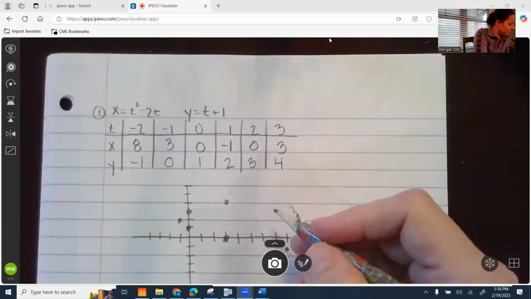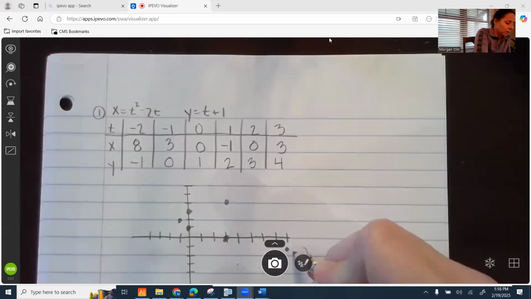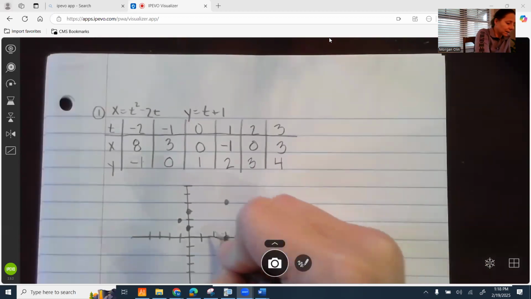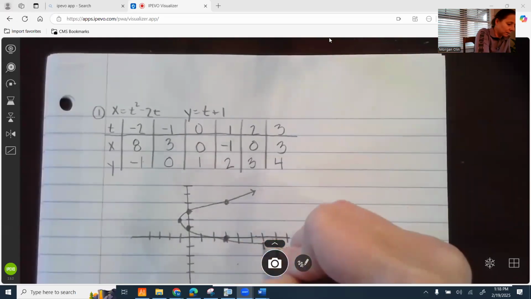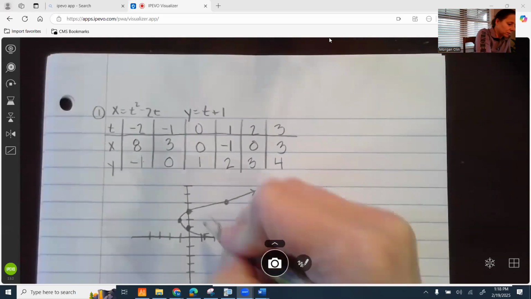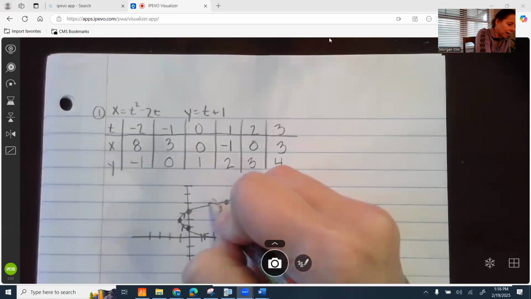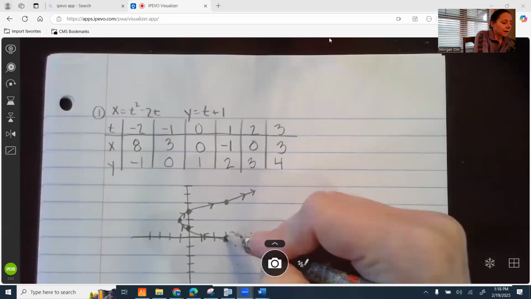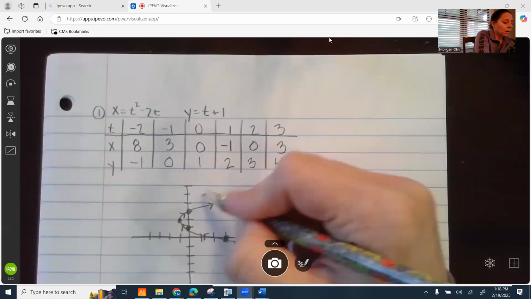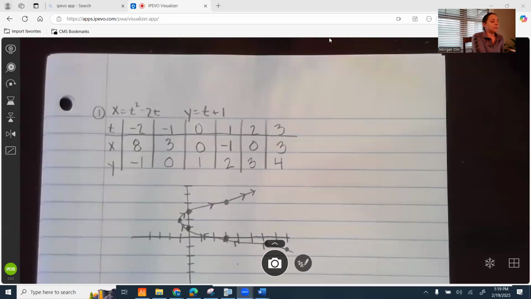And this is all I have graphed for right now. So it's going something like this. And what I'm going to do is put the arrows on it. I'm going this direction because I started with a value of t that started at -2, then I went to -1, then I went to 0. I'm doing it in the order of the t values that are given to me.